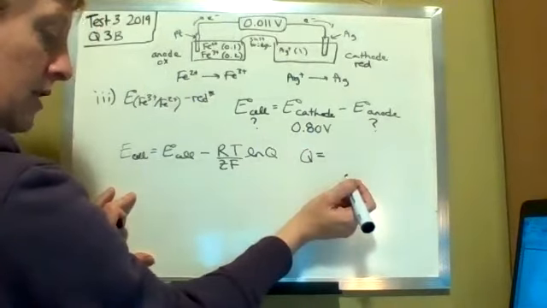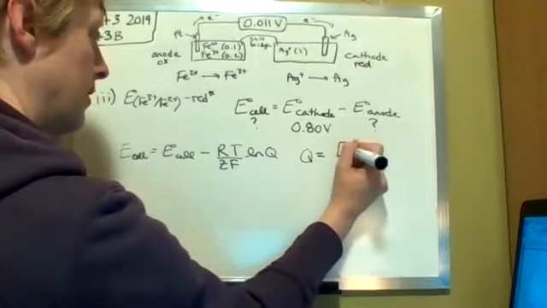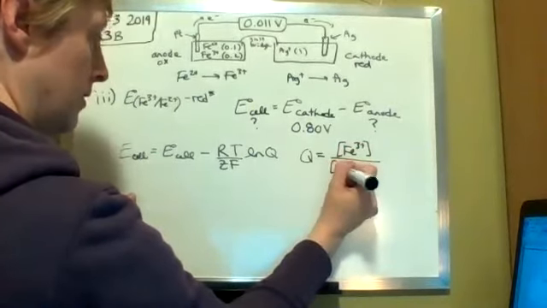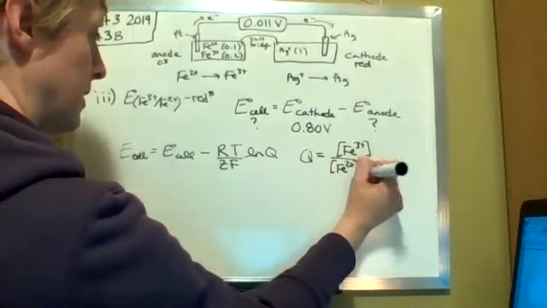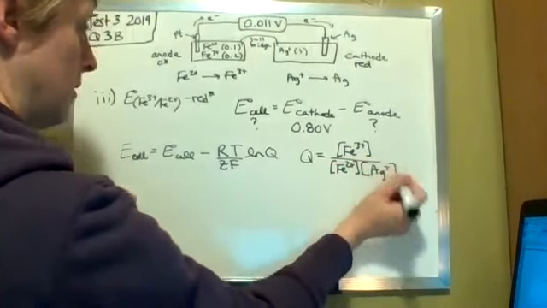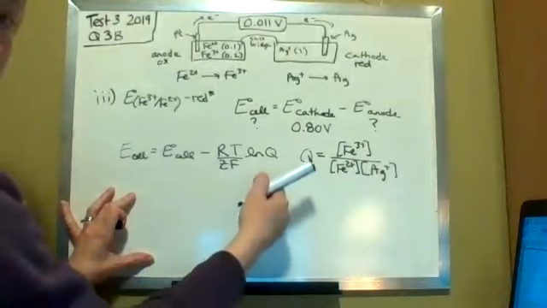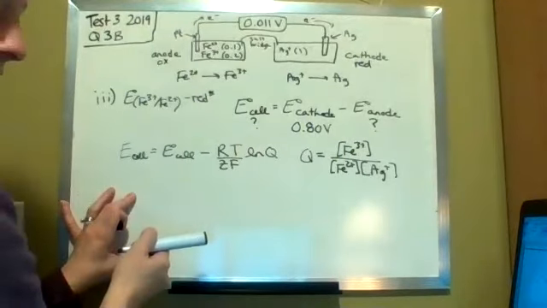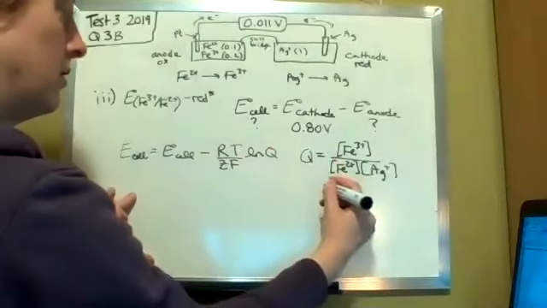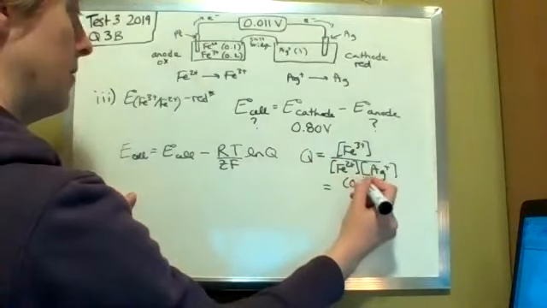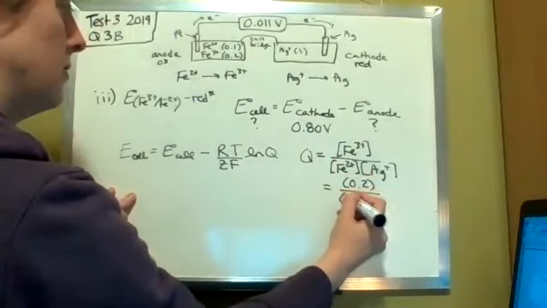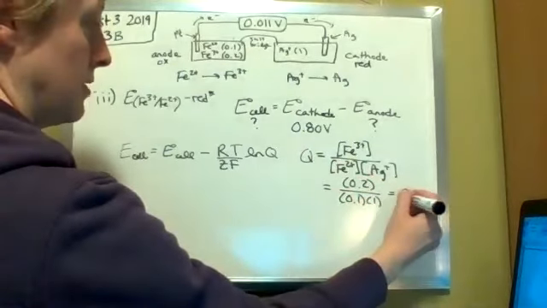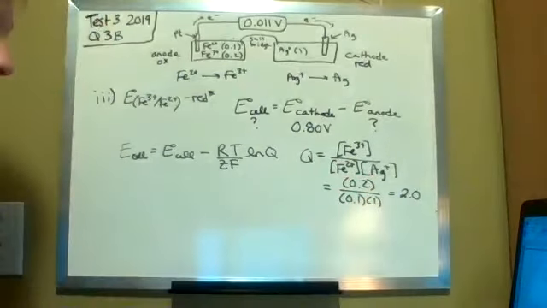So from the balanced equation, we're going to have iron 3+ over iron 2+ and silver plus. These values are the ones you're getting directly from the cell up here. So you're going to have 0.2 over 0.1 times 1. Nice and simple, just gives you a value of 2.